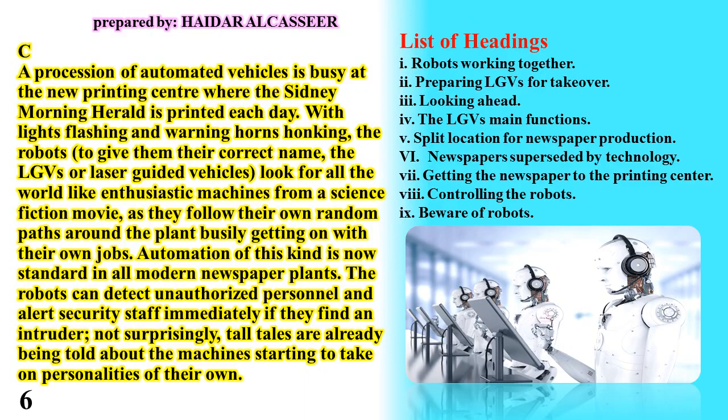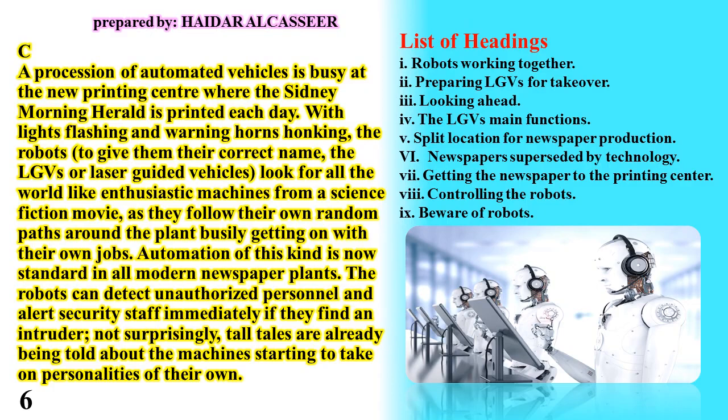And the proof of that: if we just delete this one, the sentence will be, with lights flashing and warning horns honking, the robots look for all the world like blah blah blah blah. So it gives a full meaningful sentence. That's the proof. So ignore this sentence and do not choose the LGVs. Okay, now let me explain.